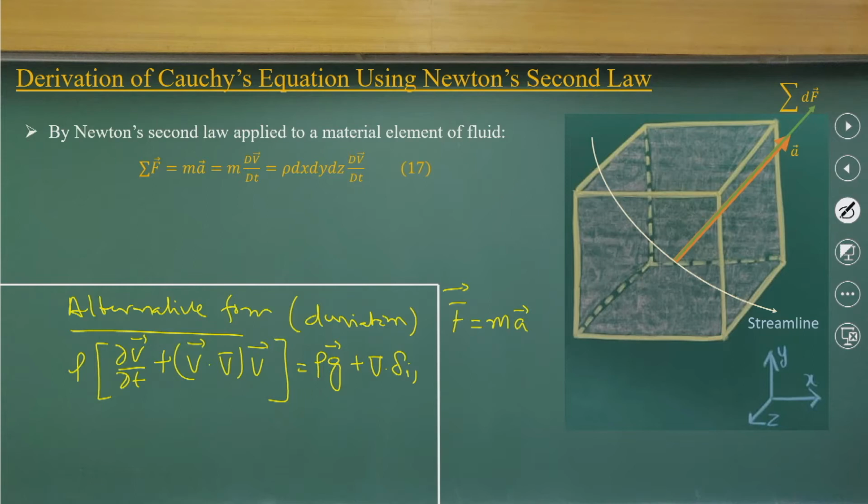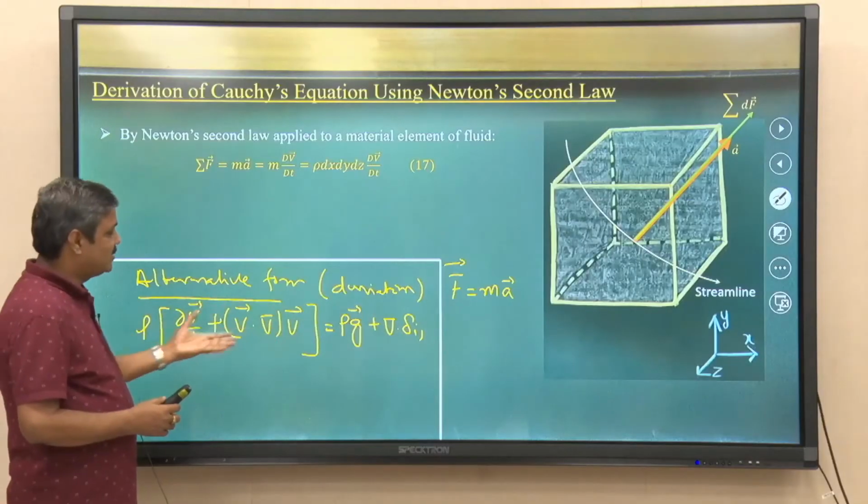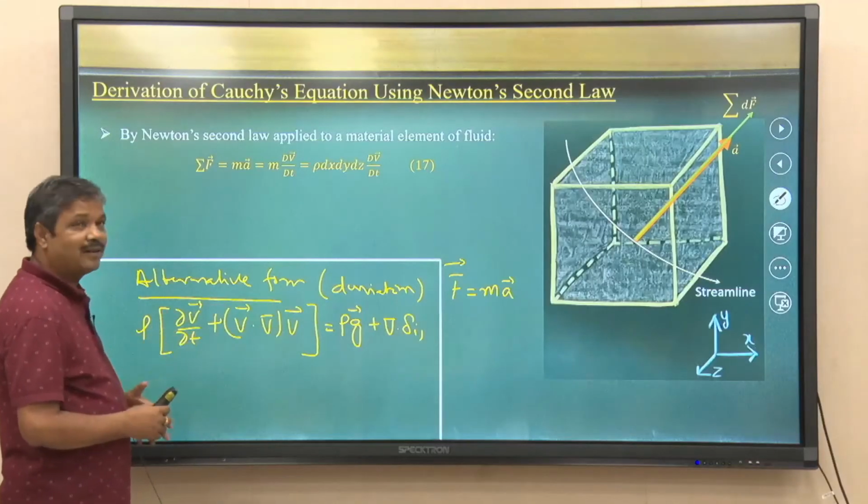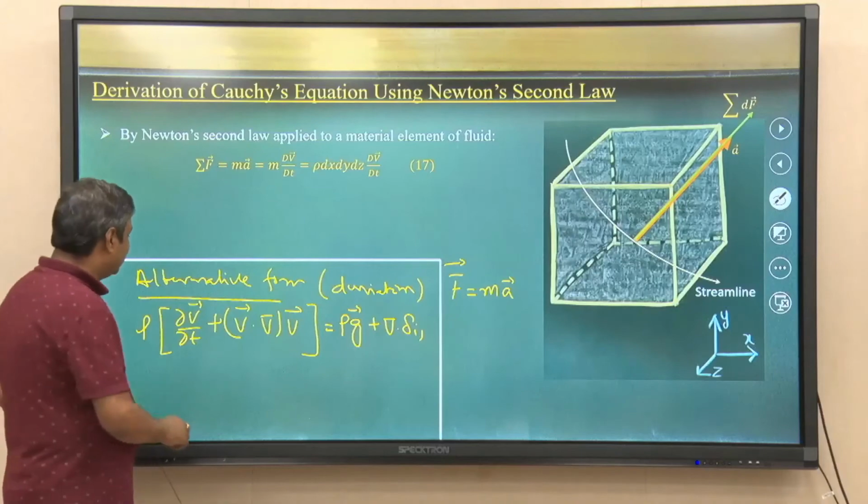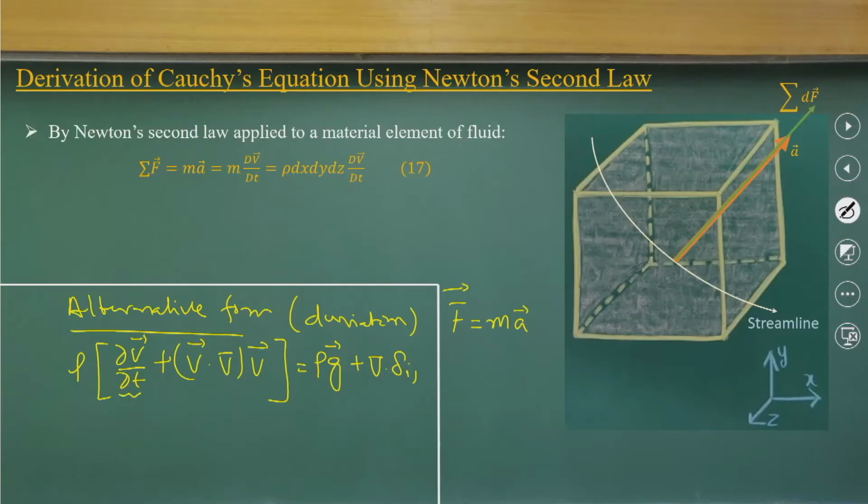So, just the same Cauchy equations, using the vector relationships, I will get this part. As we discussed, this is the local acceleration, and this is the convective acceleration.